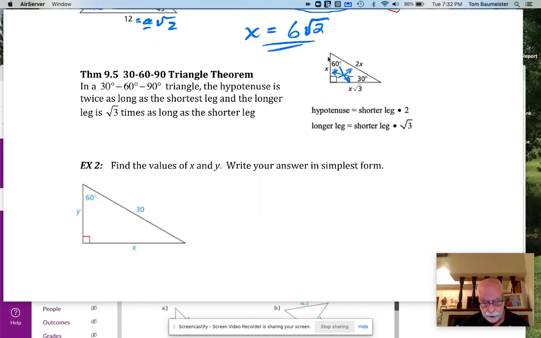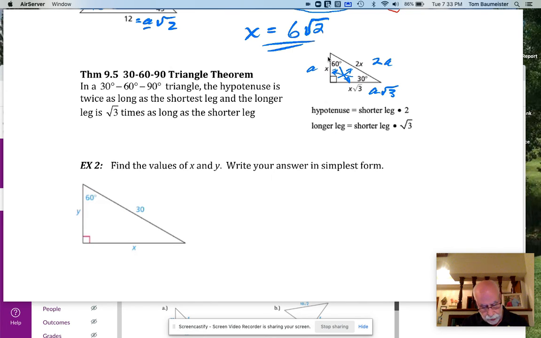Just like I did on the 45-45, I always like to write this as a, 2a, and a times the square root of 3. So again, the way I see it is I'm going to take the one that only has one variable because that's the only one I can solve for.